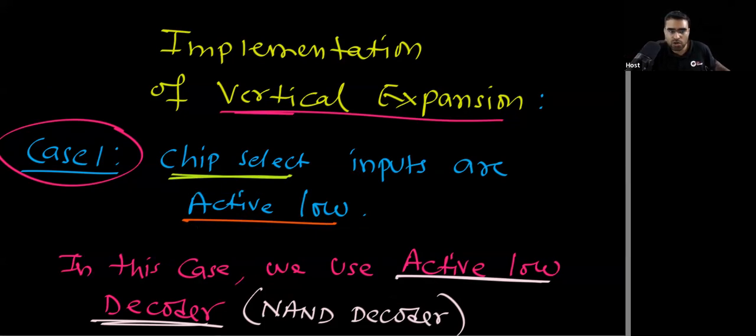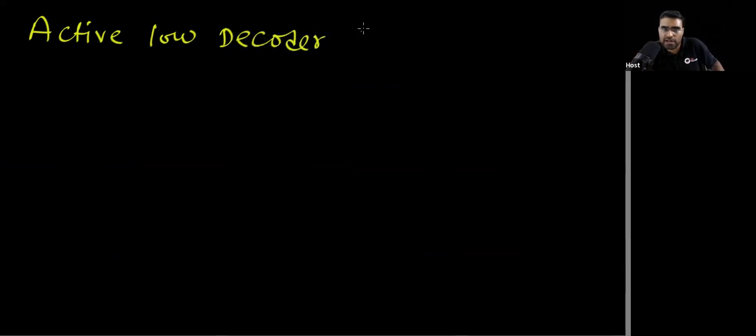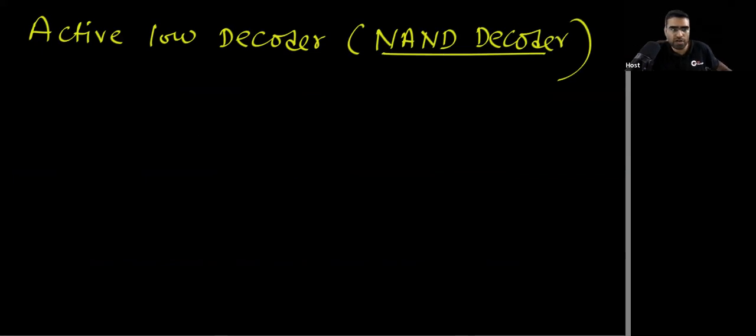Again, what is this active low decoder, or I can say your NAND decoder? Even though we have seen this in digital logic, let me quickly tell you the block diagram for this active low decoder. The name itself tells you: when it is active, it is low.